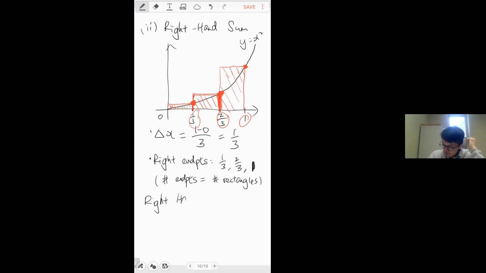And so now I just need to compute the area of each rectangle, and then I need to add them up. So for the first rectangle, what is the area here? I'm asking the area.